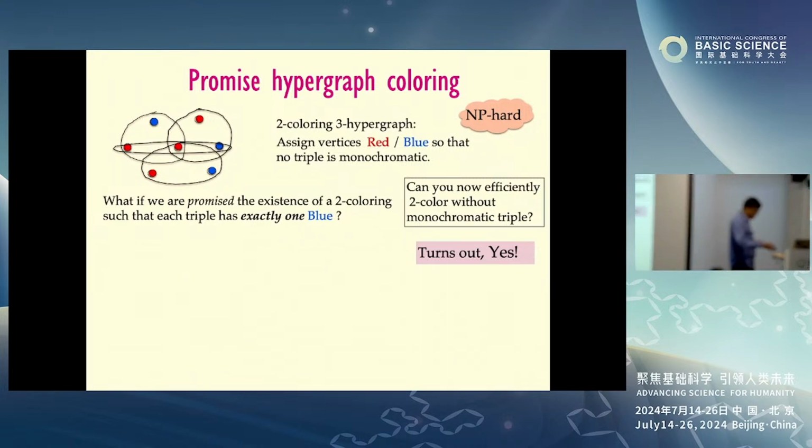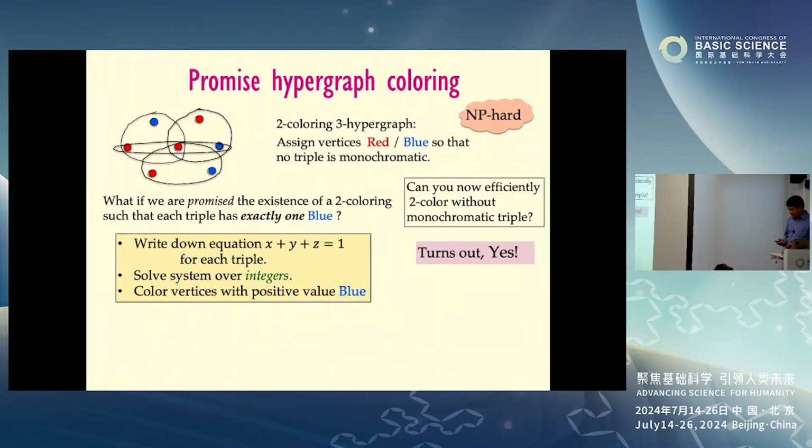The algorithm is simple, I can just tell you what it is. You have a variable, x plus z is 1, with the idea that if x is 1, it gets red, it gets 0. And I know this, that's my promise.